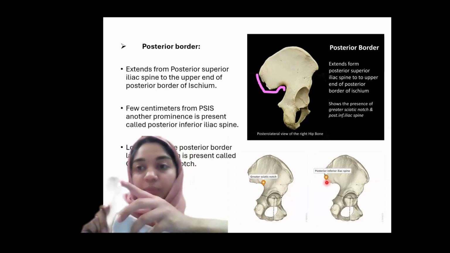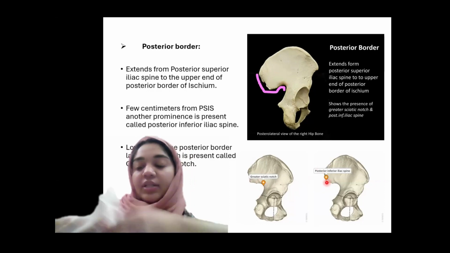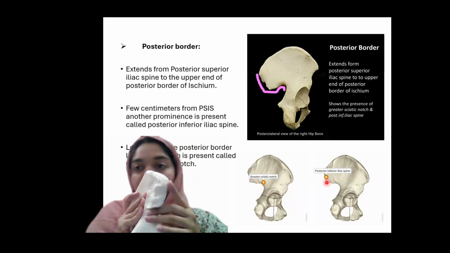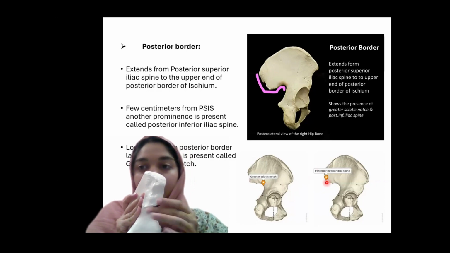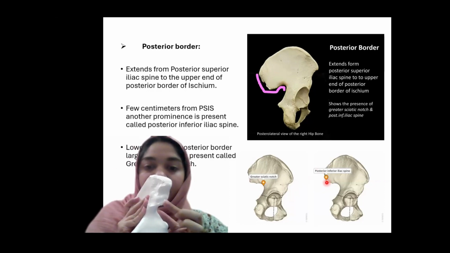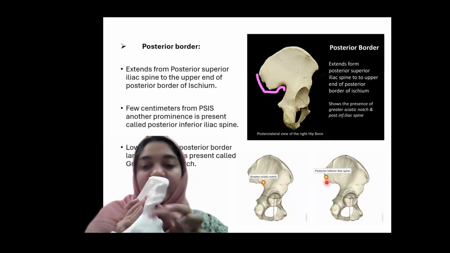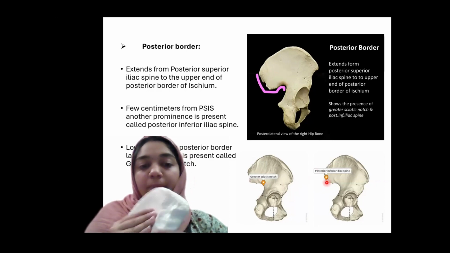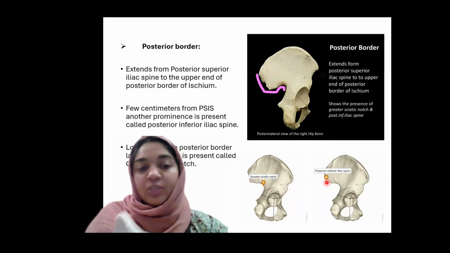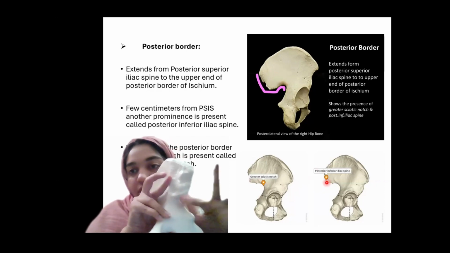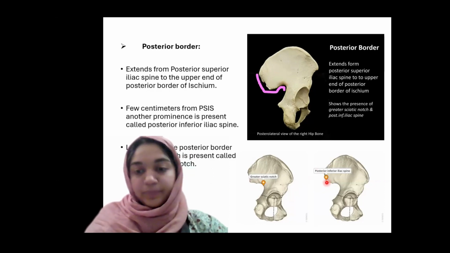So there was an anterior superior and anterior inferior iliac spine; now posteriorly there's also a posterior superior iliac spine and a posterior inferior iliac spine, right? After the posterior inferior iliac spine, we see this notch called the greater sciatic notch. Lower down the posterior border, a large deep notch is present called the greater sciatic notch. So this is the greater sciatic notch.